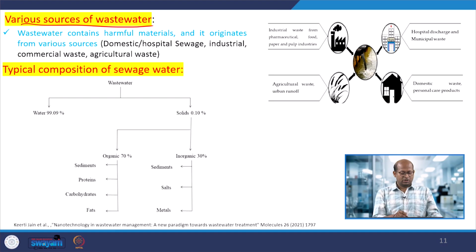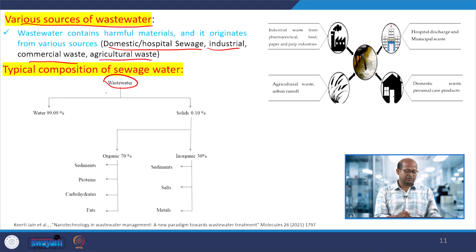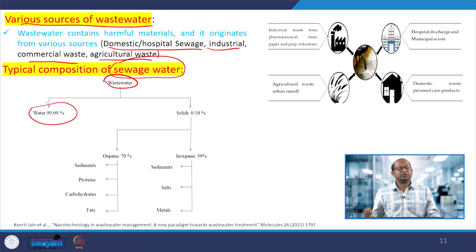Okay, domestic and hospital sewage is another source of wastewater. Industry is there, and agricultural waste is also there. In wastewater, the sewage water contains 99.9% water and the solid ratio is 0.1%.